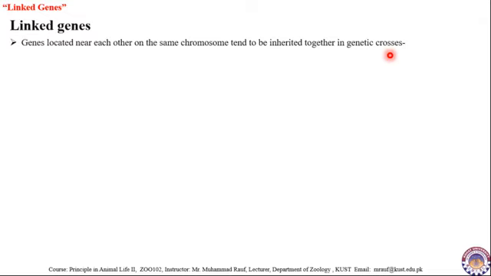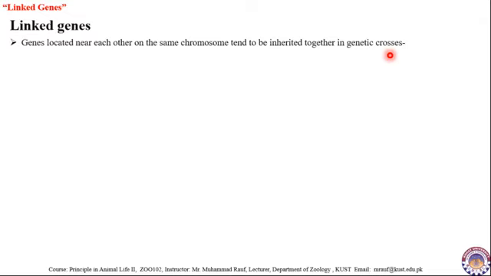So when two genes determining different traits are located closer to each other on a chromosome, then a crossing over event cannot separate them, and such genes will be inherited together. Suppose a gene controls skin color and another gene controls hair color.